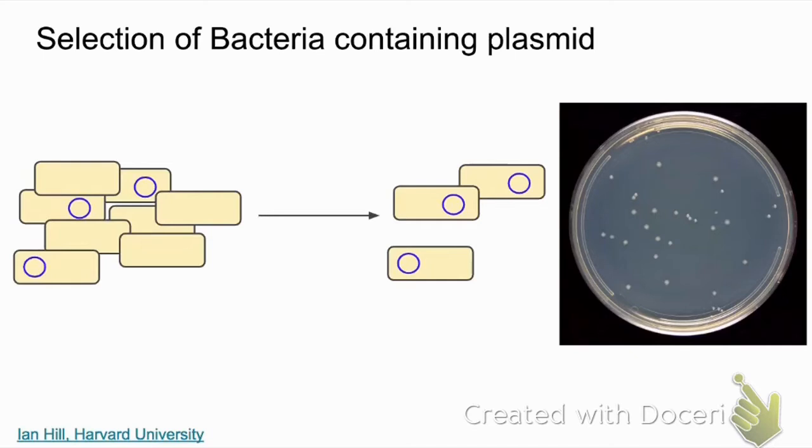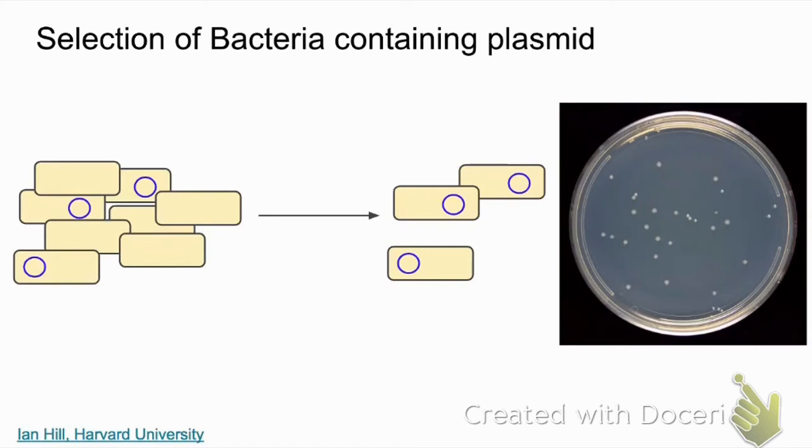The next step in the process then is to isolate or to enrich for those bacterial cells that have been transformed. What you'll notice is on the left we have a population of cells, some of which contain the plasmid and some do not. You may also recall that in the past we've talked about how these expression plasmids contain on them genes that render bacteria resistant to antibiotics, or that can be selected in some other way.